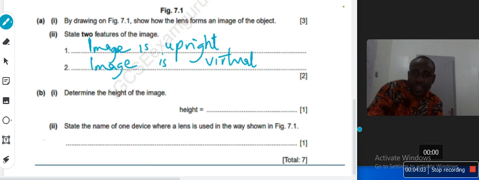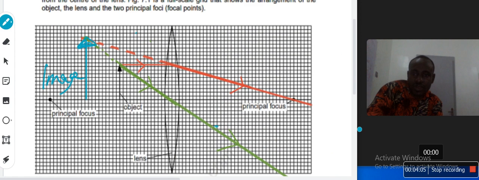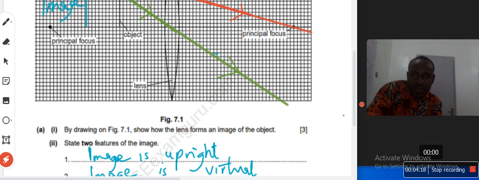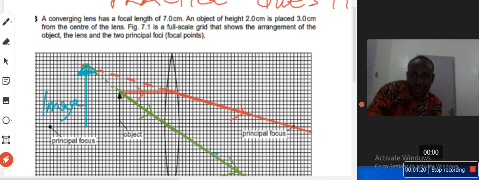It says determine the height of the image. All we need to do is to measure this distance from here to here and show the value. And then it says state the name of one device where a lens is used in this way. You can see the image is enlarged or magnified.